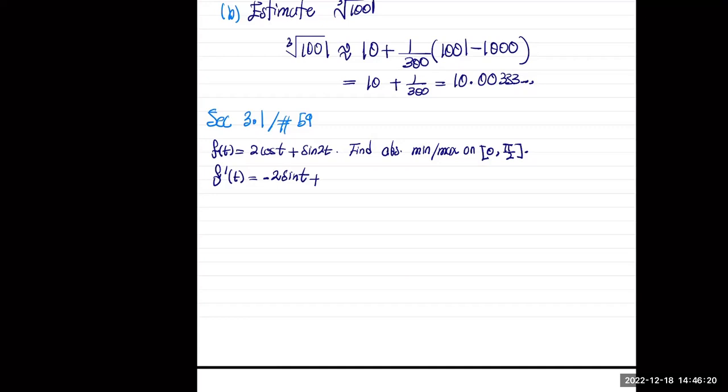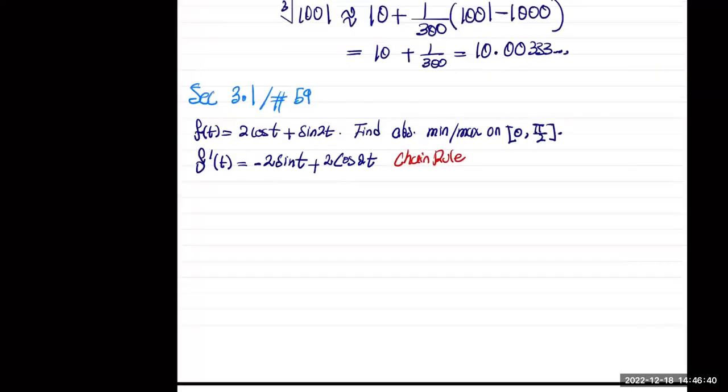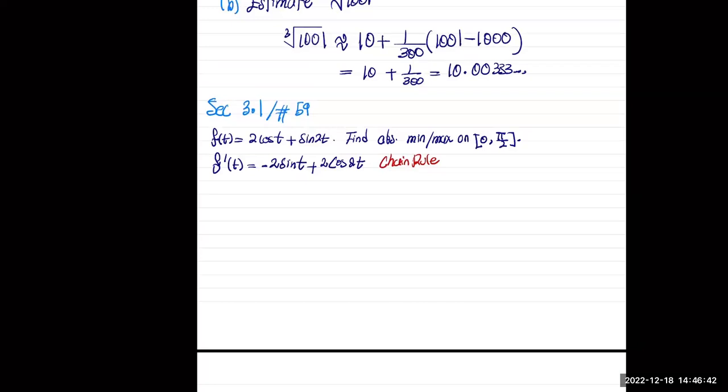The derivative of sine u is cosine of u. U here is 2t, times that by the derivative of 2t, which is 2. And you could put 2 in front of cosine 2t. So chain rule on the second term.